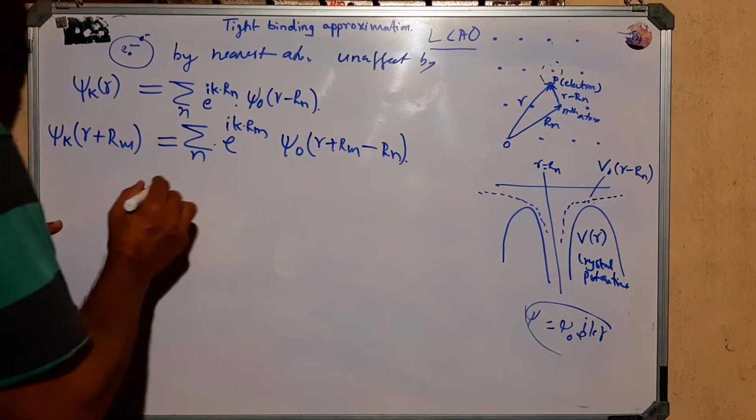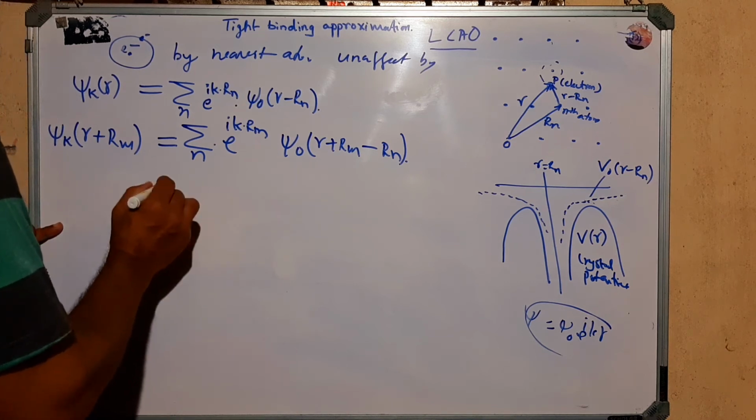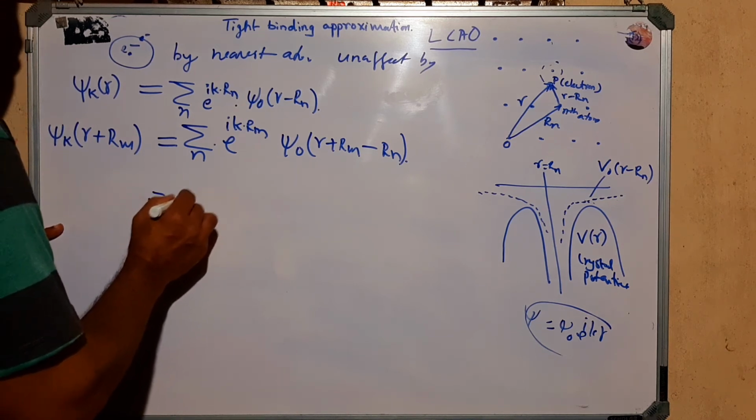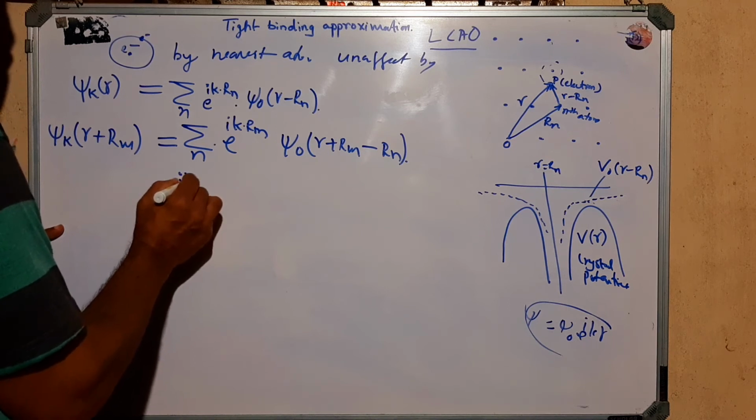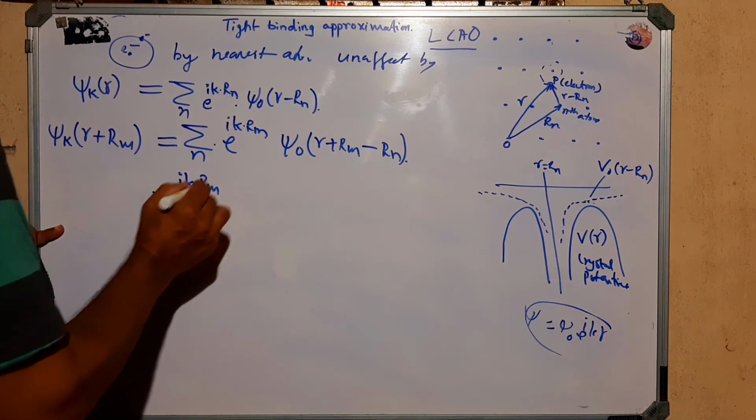Now this is equal to, I am multiplying with e to the power i k into rm.